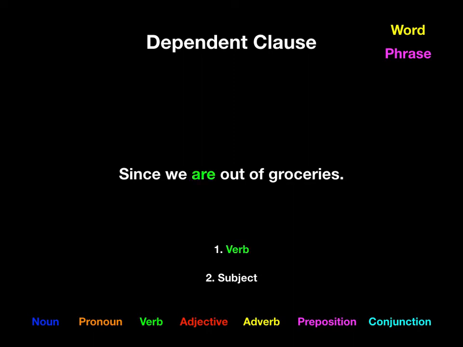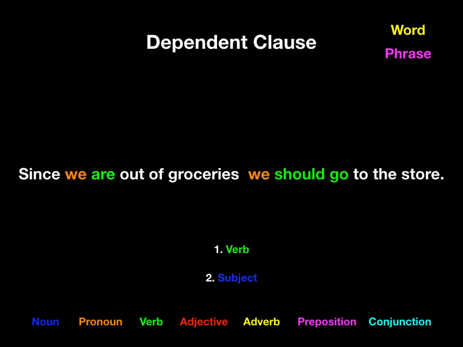It also possesses a subject, "we." However, it does not possess a complete thought. "Since we are out of groceries" leaves the listener hanging. Therefore, it cannot be considered an independent clause. However, we can join a dependent clause to an independent clause to create a complete sentence.